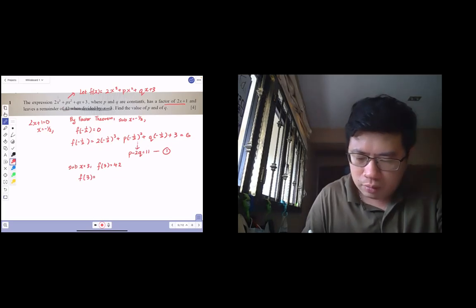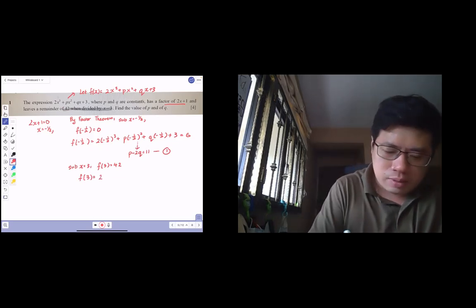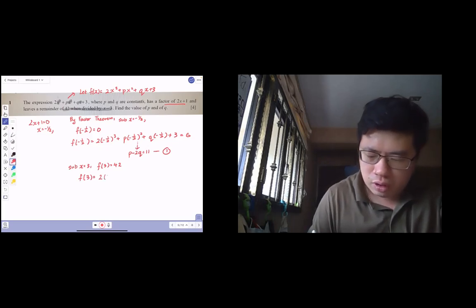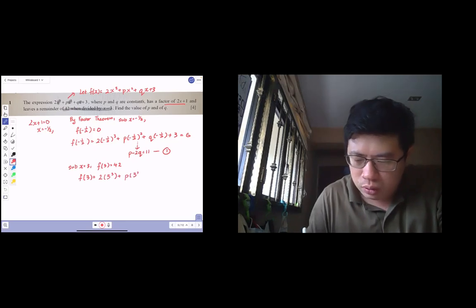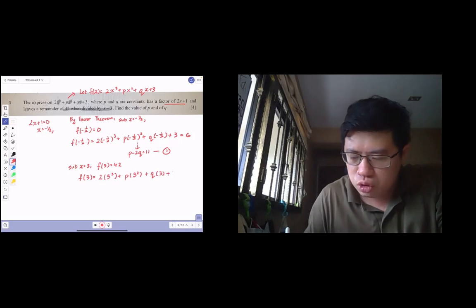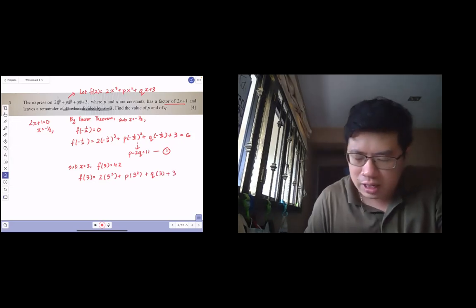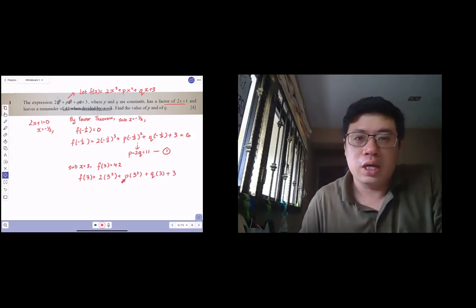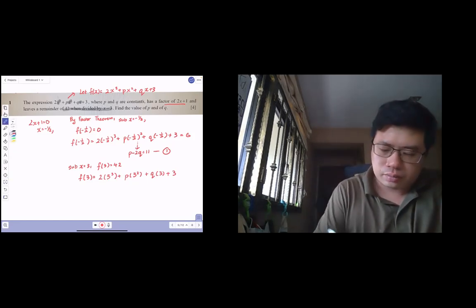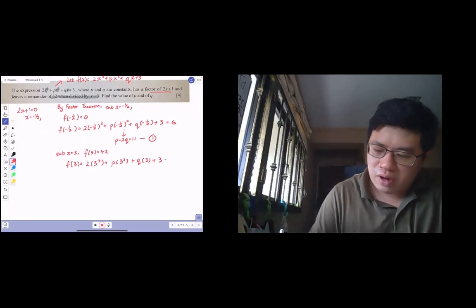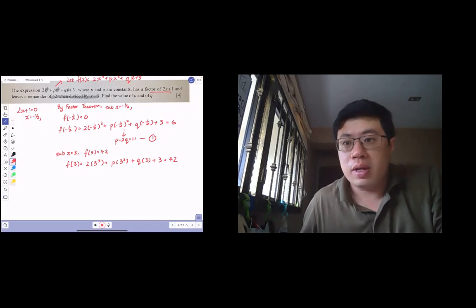From here, substituting all our x as 3, that gives us 2 times 3 to the power 3 plus p times 3 to the power 2 plus q times 3 plus 3. So what I've done is I've substituted x equals to 3 into the expression here, and this will give us the value of 42 by the remainder theorem.